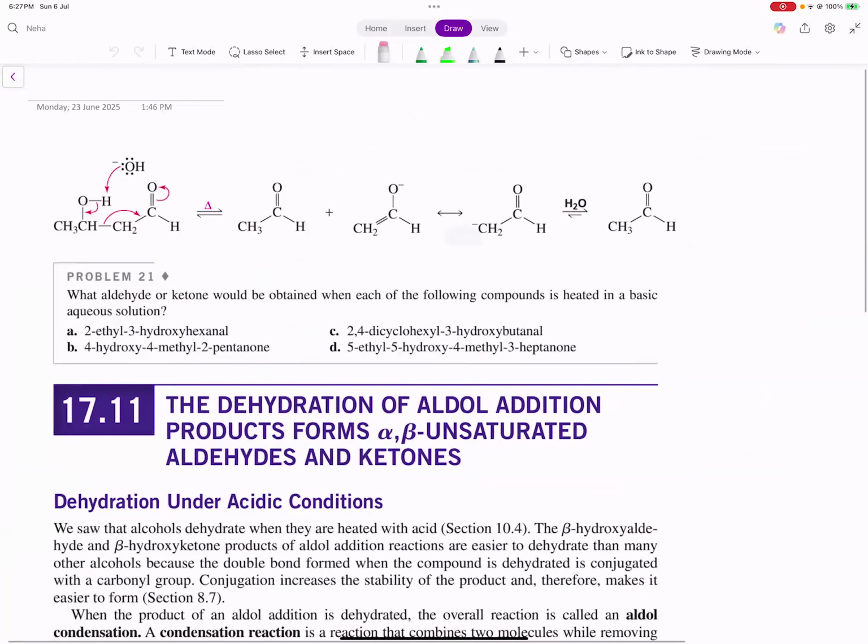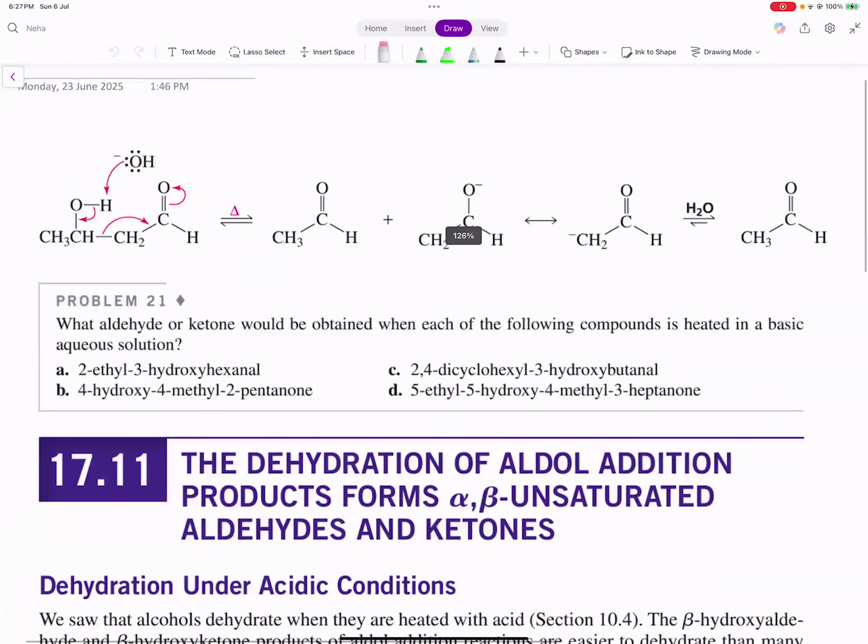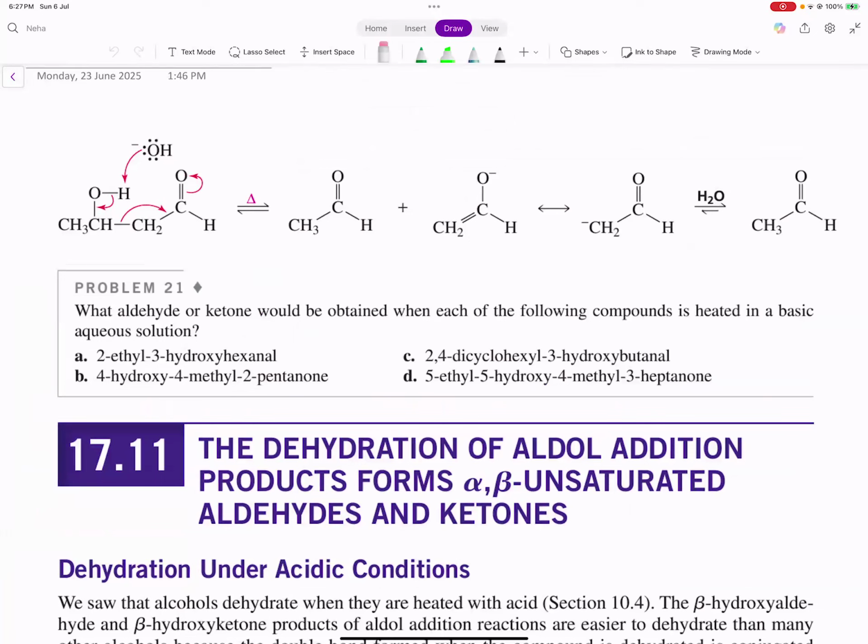So retro aldol is something like this. See, retro means reverse, right? So it has broken. We have broken the beta hydroxyaldehyde using that. Everything is in equilibrium, so it's like this.